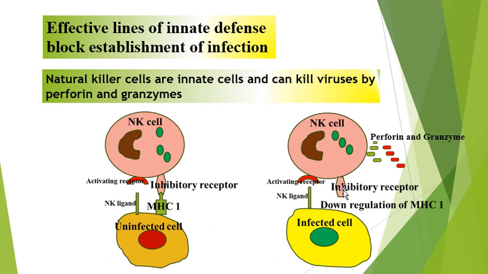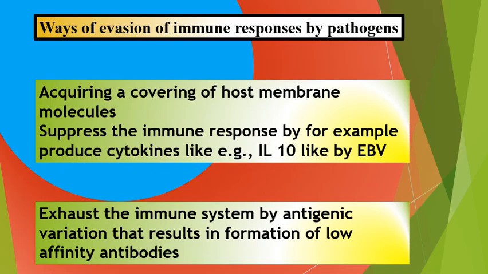So this viral antigen will be recognized as non-self, and this will produce a cascade of events that ends in killing of the virus. However, when the viruses do that and downregulate major histocompatibility class 1, this will be sensed by the NK cell, and the NK cell still has the capacity to kill or destroy the cell infected by the virus.